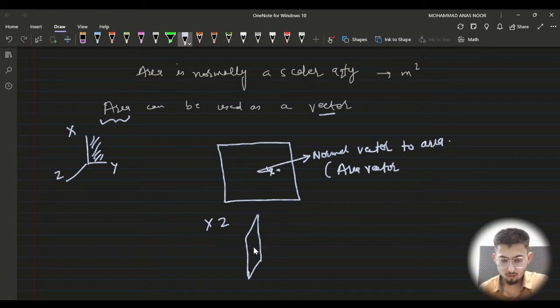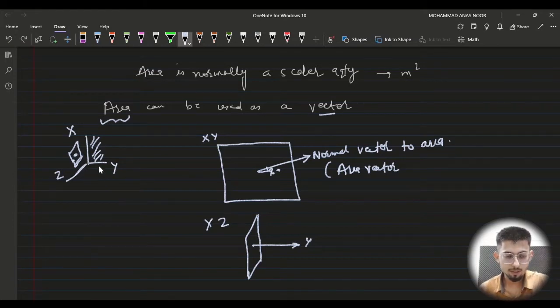Now we will draw the normal to this, which will be in the y direction, isn't it? And when the area is in the xy plane, the normal to that is in the z direction. Here the area is in this plane, and naturally the normal would be either this way or this way. Both of them would be along the y axis, right?